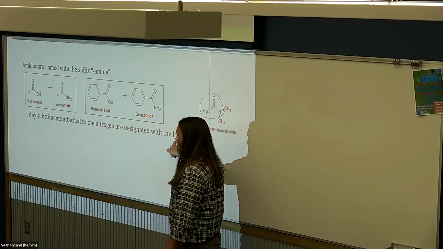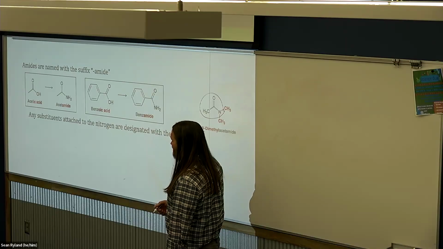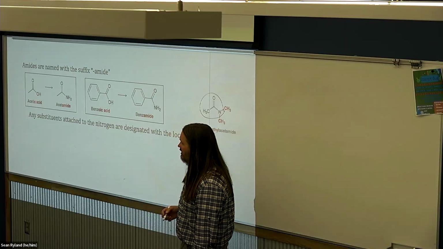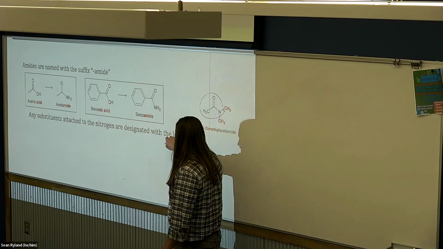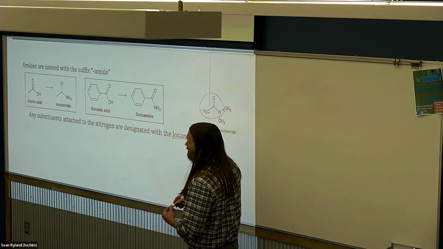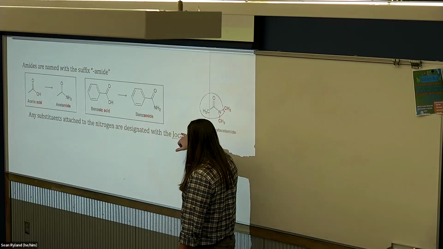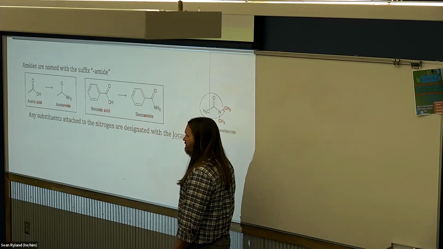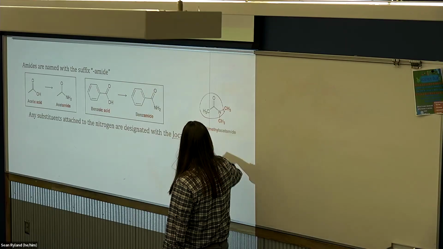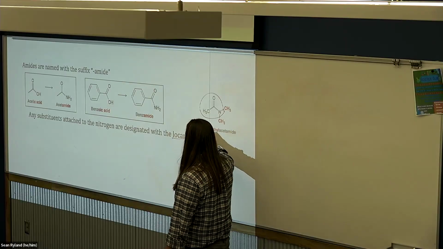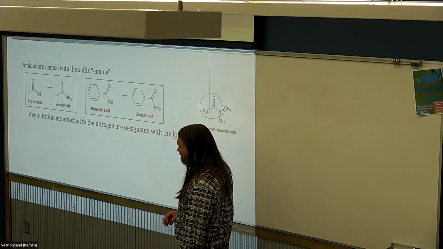This is why we don't just call them numbering the carbons, because there are cases where we're not numbering a carbon, we're specifying an atom that's not a carbon. So that's why we call it locants. A locant, like location. The locant N means it's attached to a nitrogen. So N,N-dimethylacetamide means acetamide with 2 methyl groups both attached to a nitrogen.